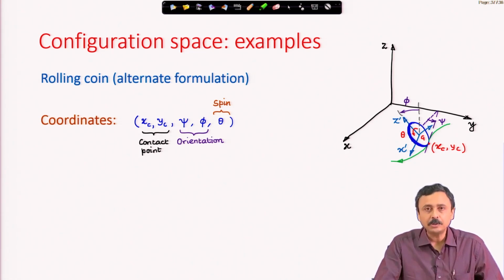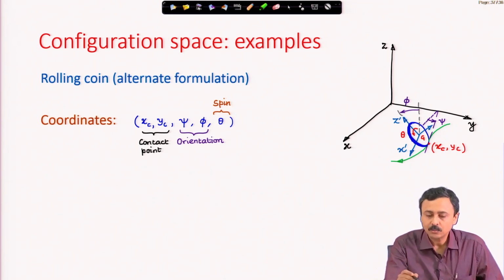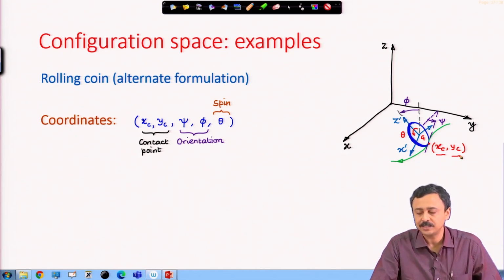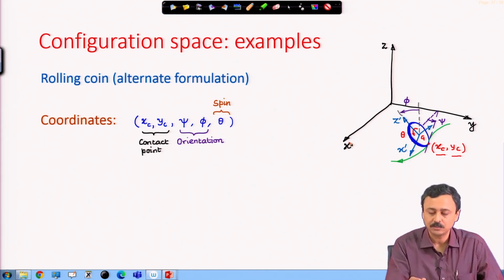Therefore, we try to look at an alternate formulation using the coordinates of the contact point on the ground, x_c, y_c. These are the coordinates of the contact point on the ground, measured in the x, y, z coordinate system.